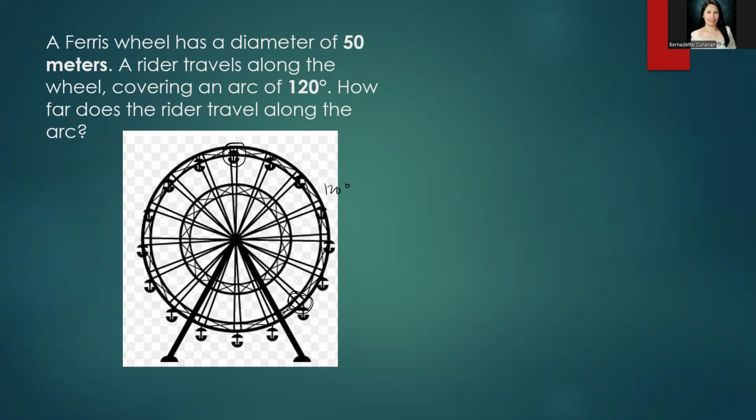This has something to do with working with the arc length. Okay, so we know that arc length equals the product of theta in radian measure and radius. So this must be in radian measure.